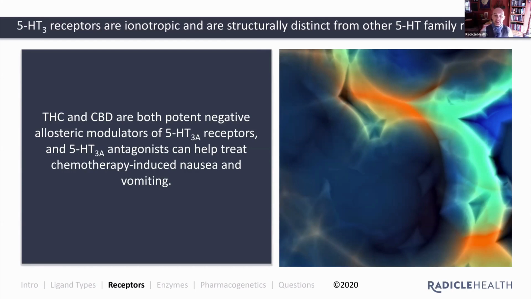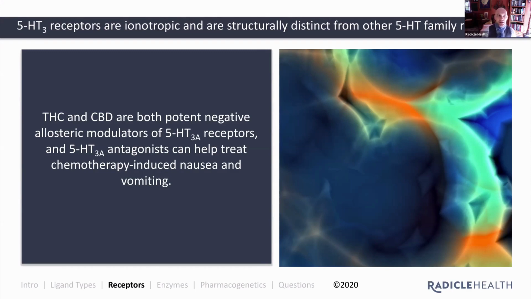THC and CBD are both potent negative allosteric modulators of 5-HT3A receptors. We know that 5-HT3A antagonists can help treat chemotherapy-induced nausea and vomiting, and that's why we think that THC and CBD are helpful in both of those conditions.